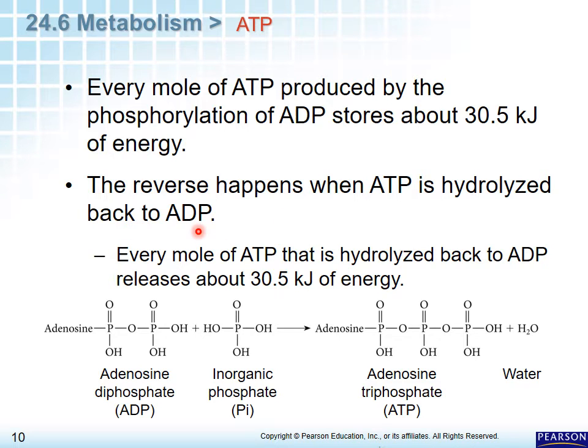Back to the ATP. The same thing happens when it undergoes hydrolysis, meaning it becomes ADP again. What happens? Every mole of ATP that is hydrolyzed back to ADP releases how much energy? 30.5 kilojoules of energy.